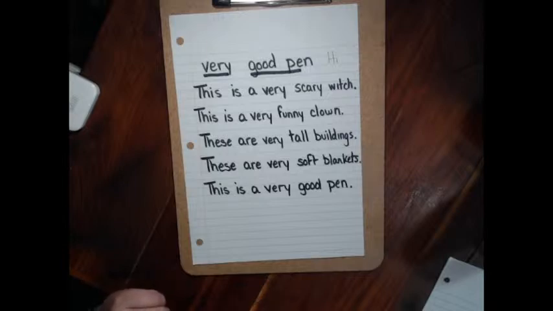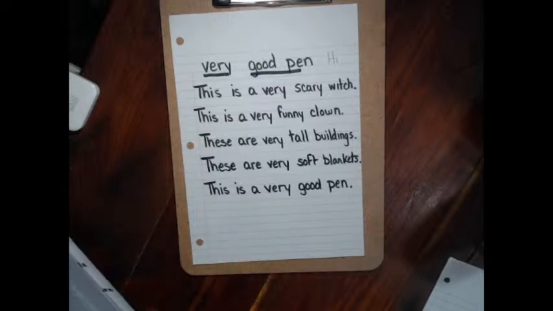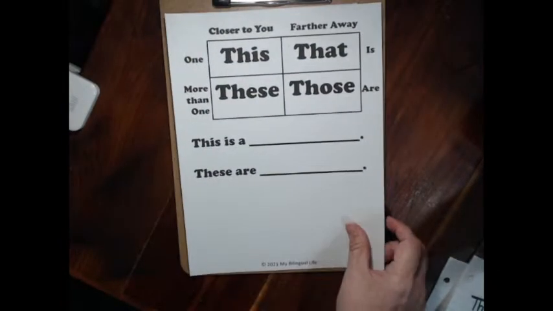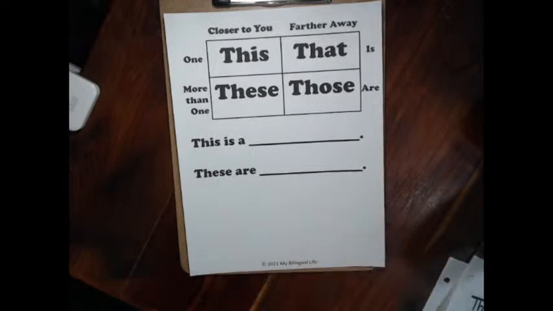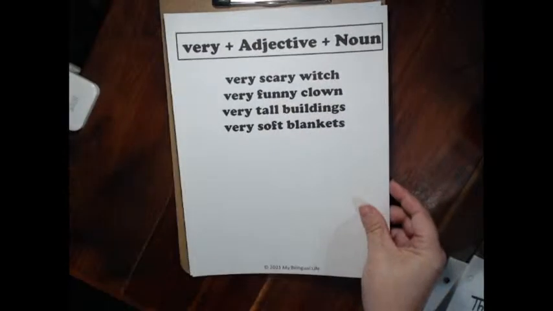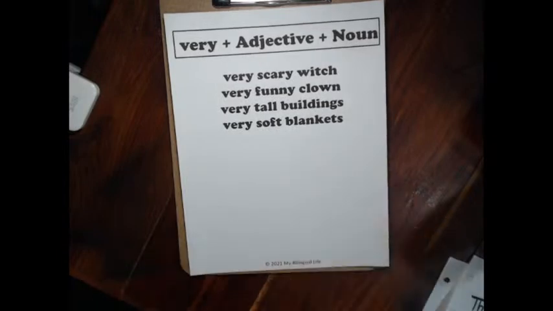So, if you haven't taken screenshots, this would be a good time to do that. So remember, we went over this, that, these, and those. And we learned our pattern to describe something using very. Very plus an adjective plus a noun.